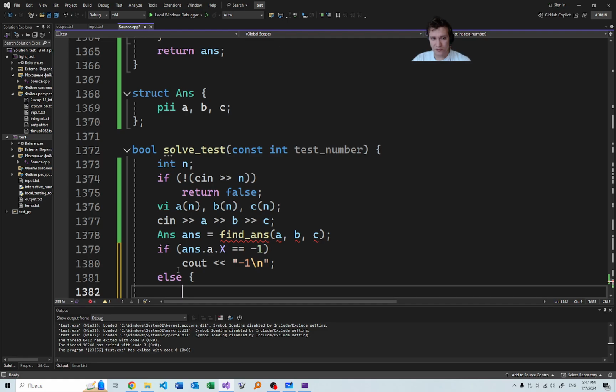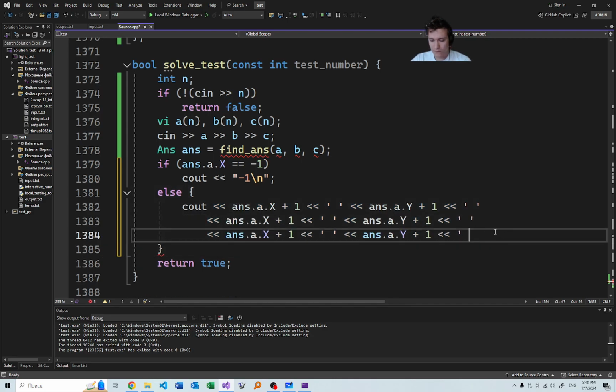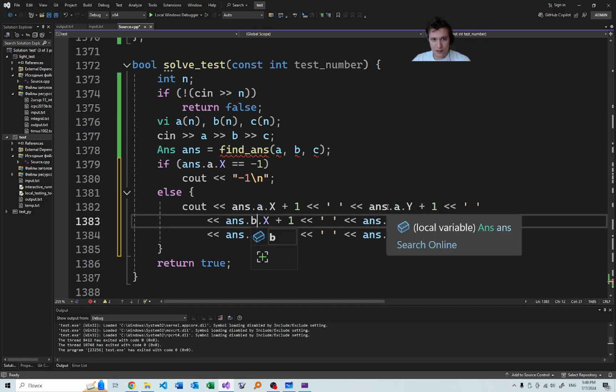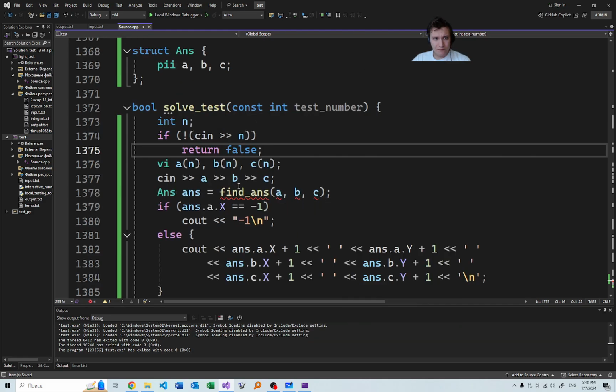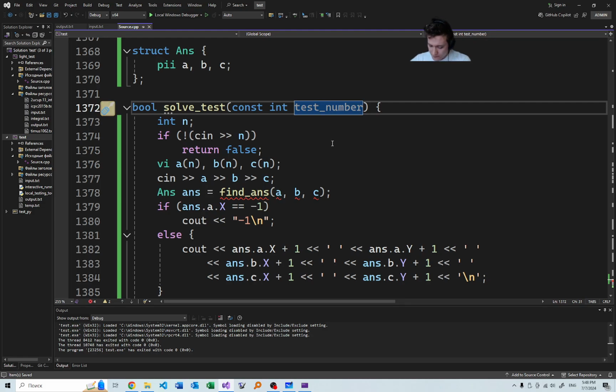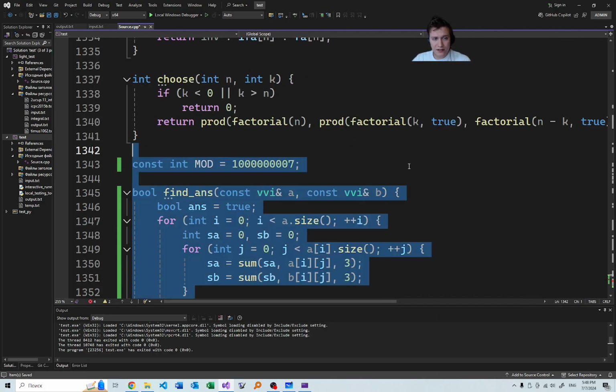Else we need to print 6 numbers. Then B and B, then C and C. Okay. Let's write this function find ans.